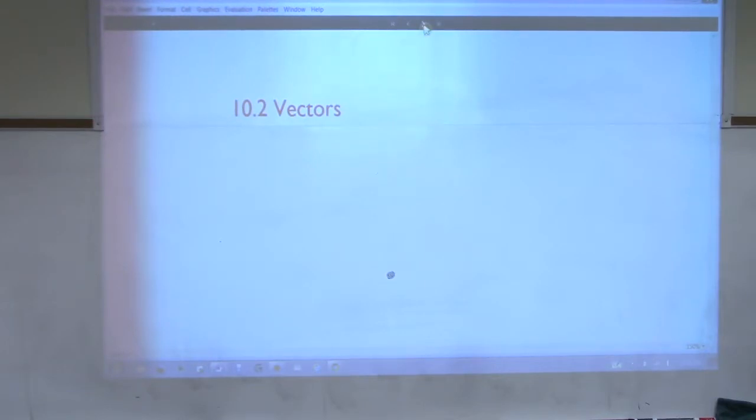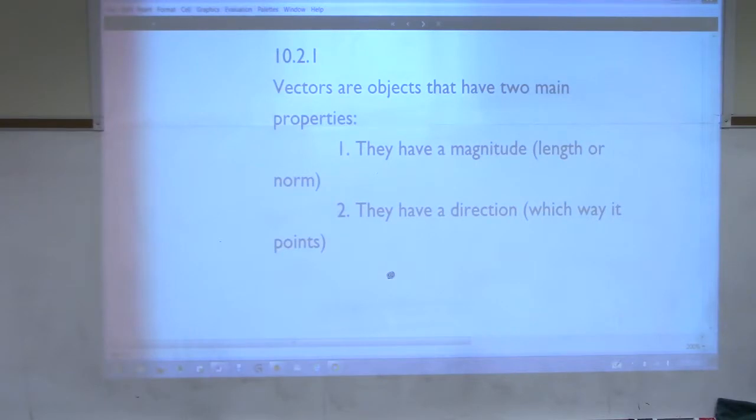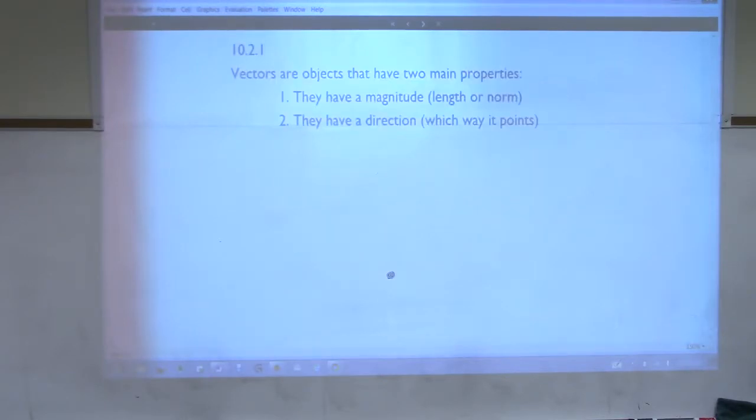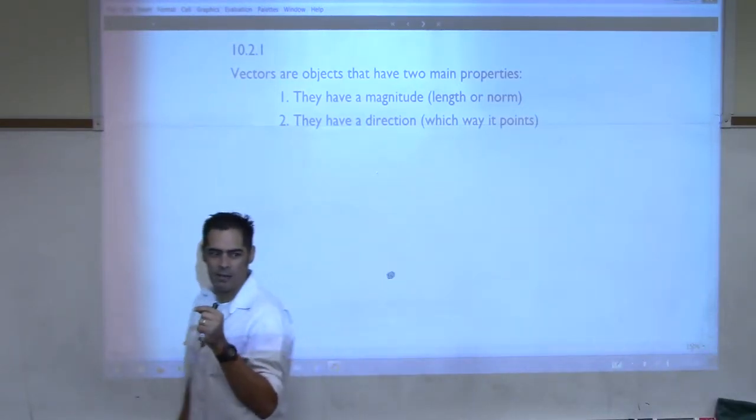All right, so vectors. There are a lot of different definitions for vectors, and I'm going to stick with this one. Vectors are objects. Has anyone here taken linear algebra or maybe is taking it now?